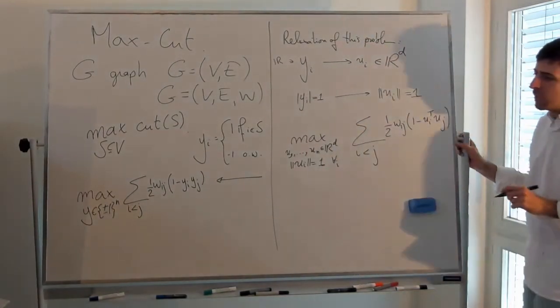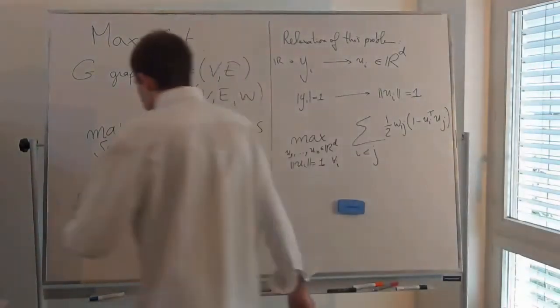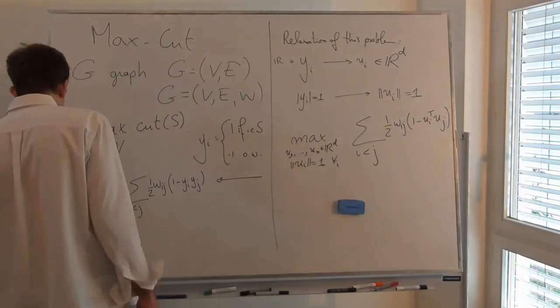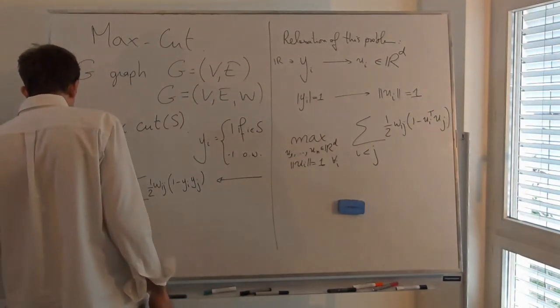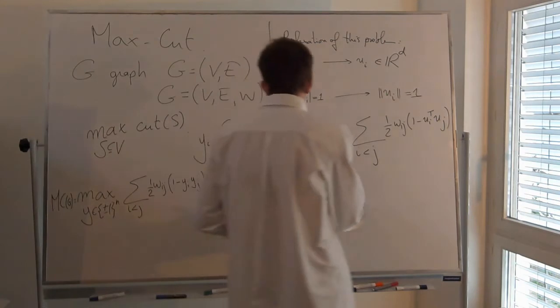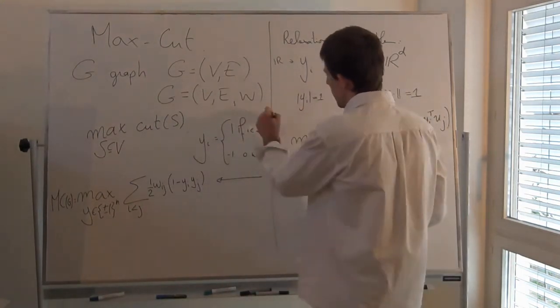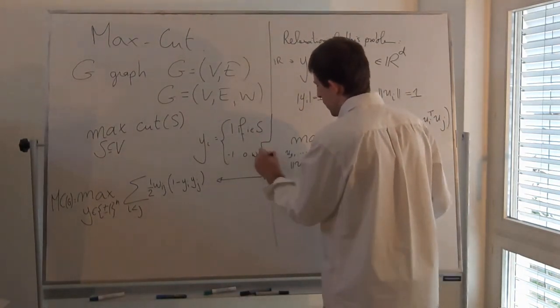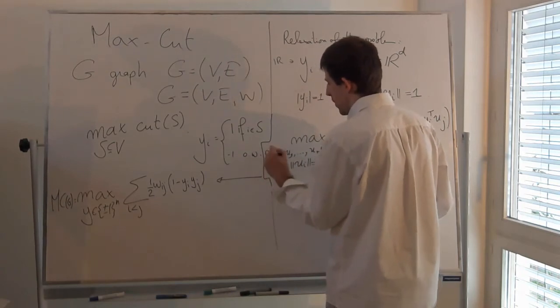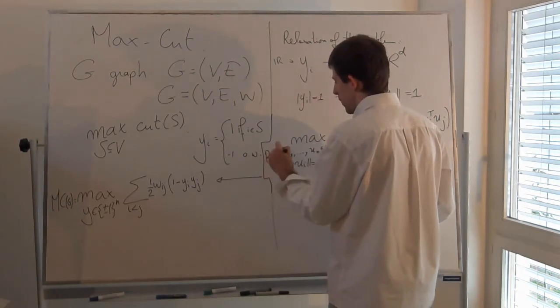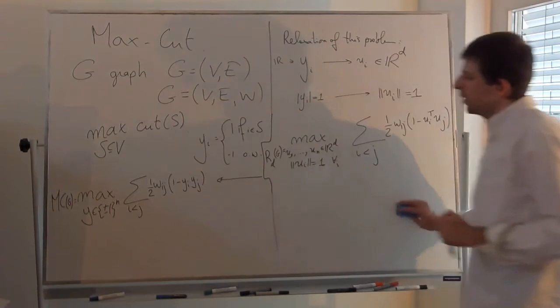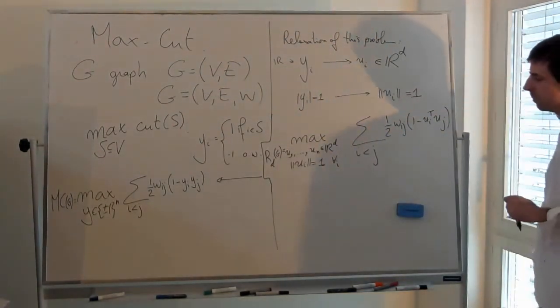So this will be the relaxation. This will be the value of actual max cut, and this will be the value, let's call this the relaxation indexed by d of the graph. I don't think we'll actually need that notation.